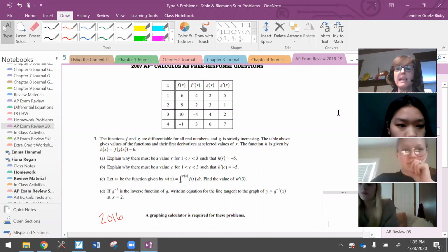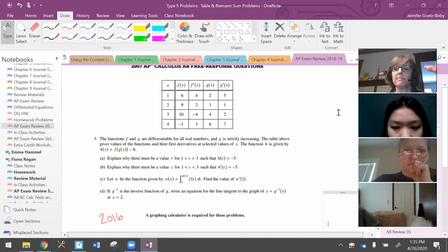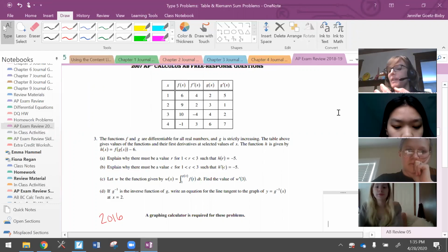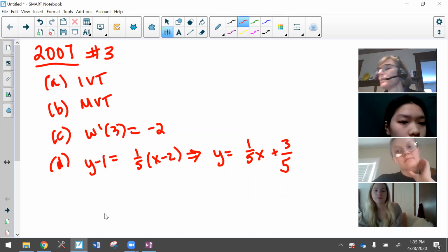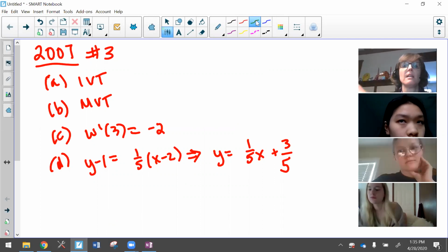Okay, so A and B, I wrote out pretty clear explanations of why those are true using either the intermediate value theorem or the mean value theorem. So then we can look at C and D. So C, I'll just go up here.